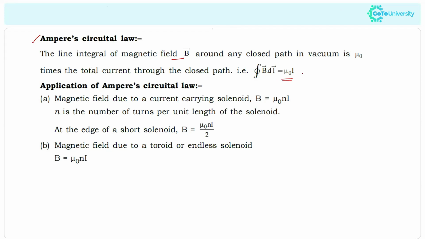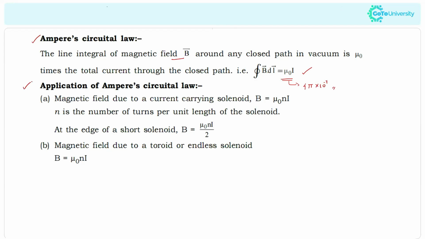So the formula is the closed-path integral of B dot dl is equal to mu naught times I. As I said already, mu naught is the permeability of free space, which is equal to 4 pi times 10 to the power negative 7.